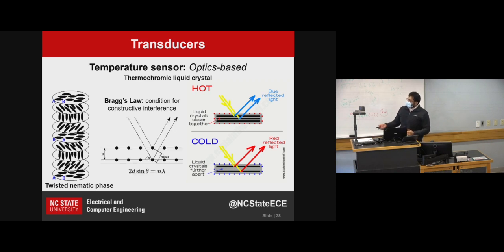So depending on the spacing between these planes, the wavelength that will be reflected changes. As the distance between the planes increases, the wavelength increases. That basically means a red shift. Red light has a longer wavelength than blue light, but when the planes are close, it becomes blue in color. Does that make sense?